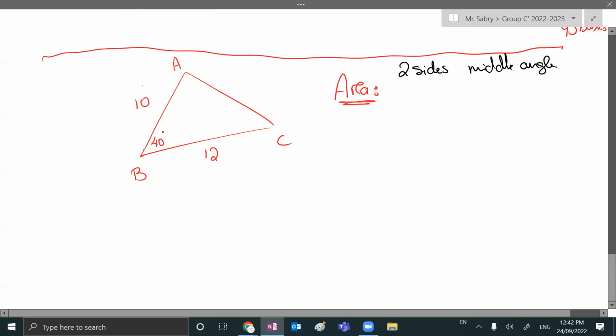Like this example over here, I have the measure of this side and that side and the middle angle. Now what's the rule? The rule says it's half multiplied by AB cosine C. It means half times the 2 sides times cosine the middle angle.